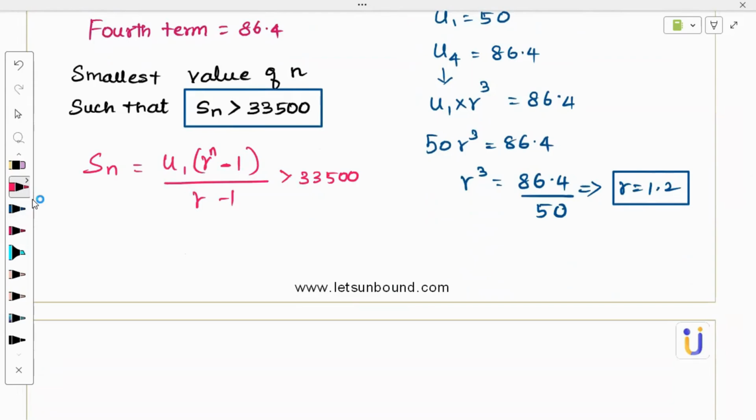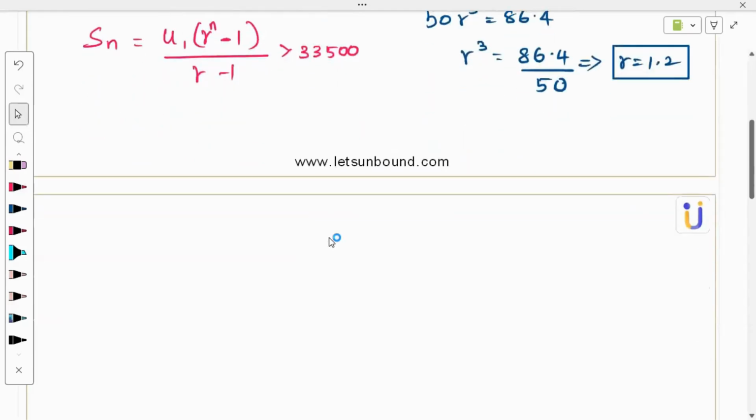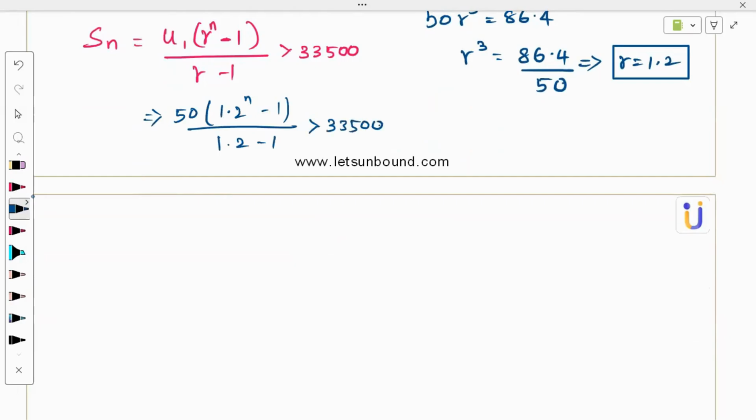We need to find n, and I know u1 and r, only one unknown, n. So it's very simple. So u1 is 50. So this implies 50 times 1.2 power n minus 1 by 1.2 minus 1 is greater than 33,500. You simplify as much as possible, then we can go back to nSolve.